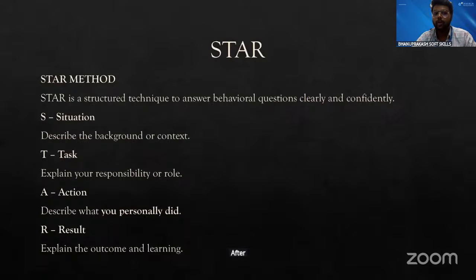After that, you need to explain your responsibility or role, which is the task. In that task, what action you took, like describing what you personally did. And as a result, what's the final outcome and learning. So if you have this STAR in your mind, then you can make your answers very structured.